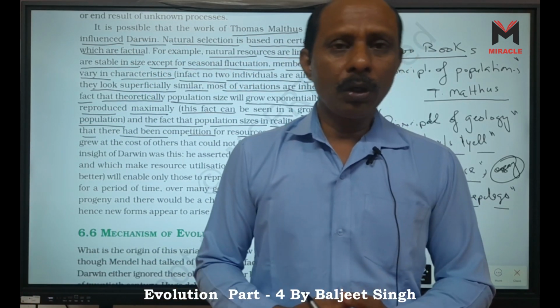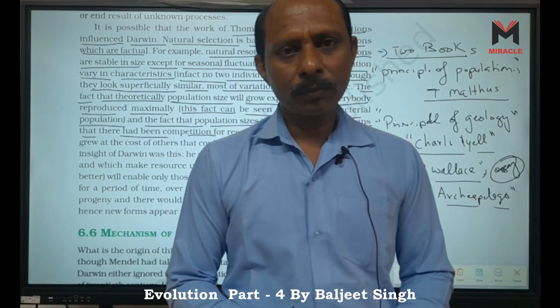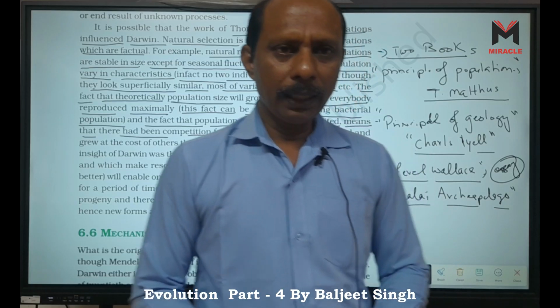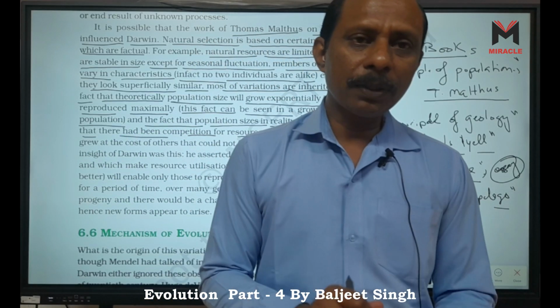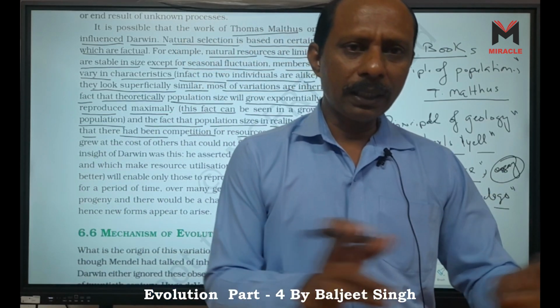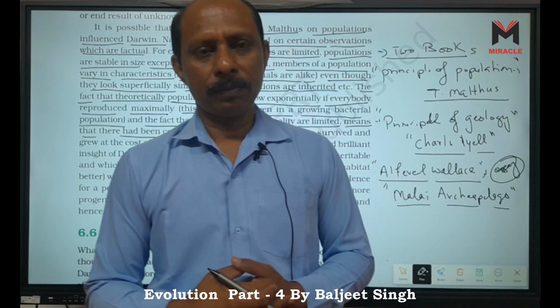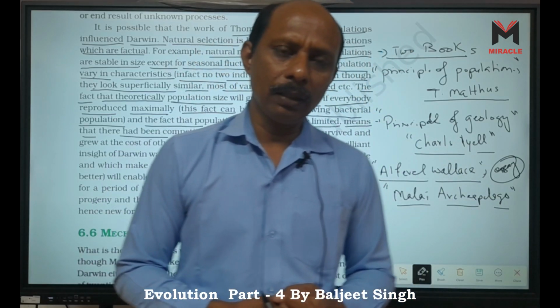For example, today we use pesticides. We want to kill the pests to get food, and they want to survive. So they are struggling with us. That is called inter-specific struggle.